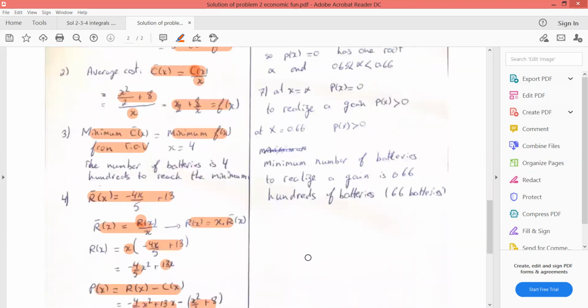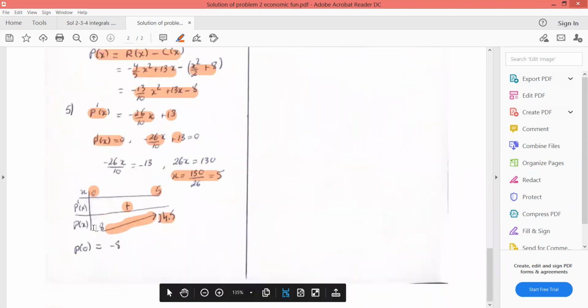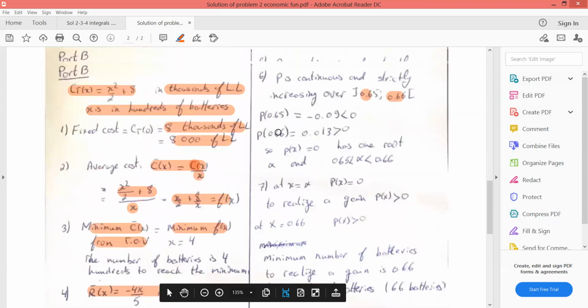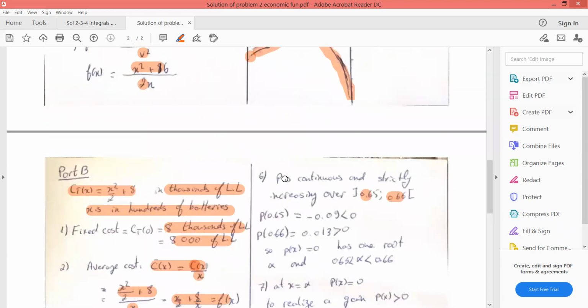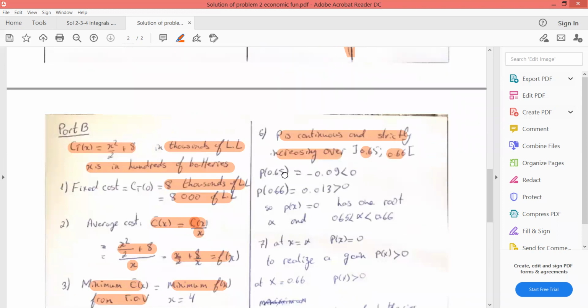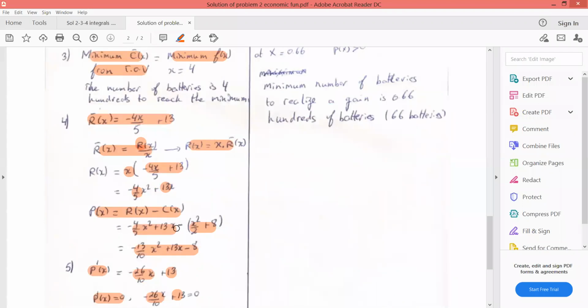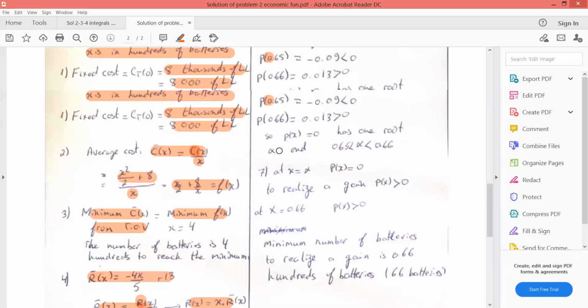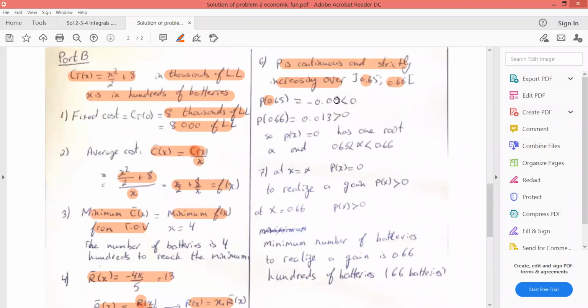From the table, is p increasing or decreasing? P is increasing. So p is continuous and strictly increasing over 0.65, 0.66. We replace x by 0.65 in p, and we get minus 0.09, which is negative.